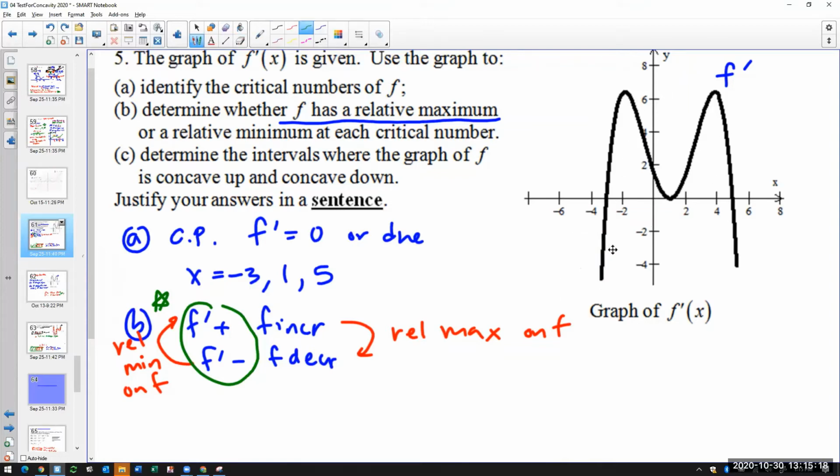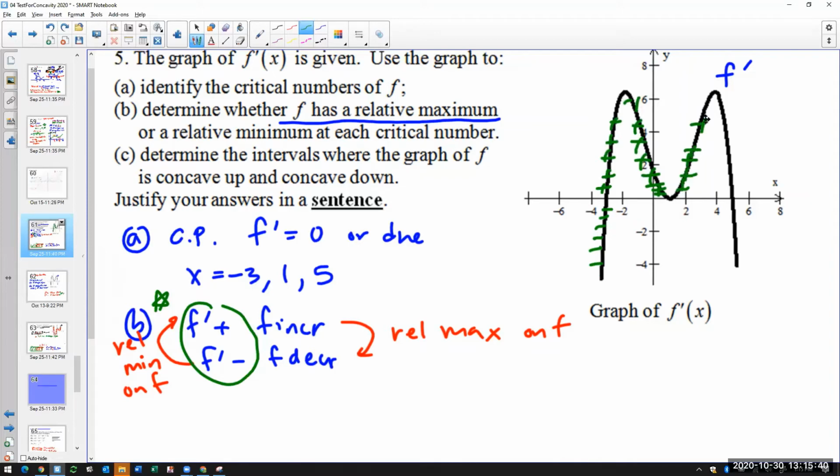And when do you change from positive to negative? You agree f prime's negative here, and then it's positive here. Did I change from positive to negative here? No, I changed from negative to positive. So keep on going. This is positive, still positive, still positive. Might be a change here. Whoops, still positive. Do you guys see I never changed to negative?